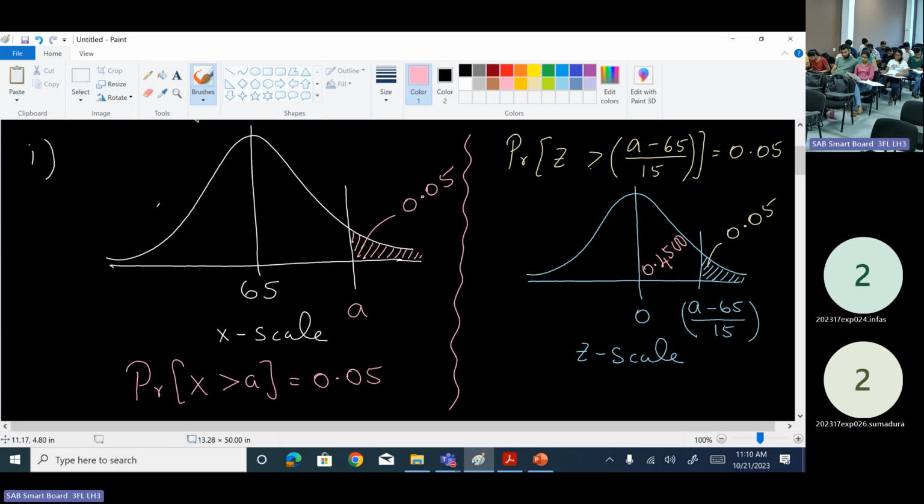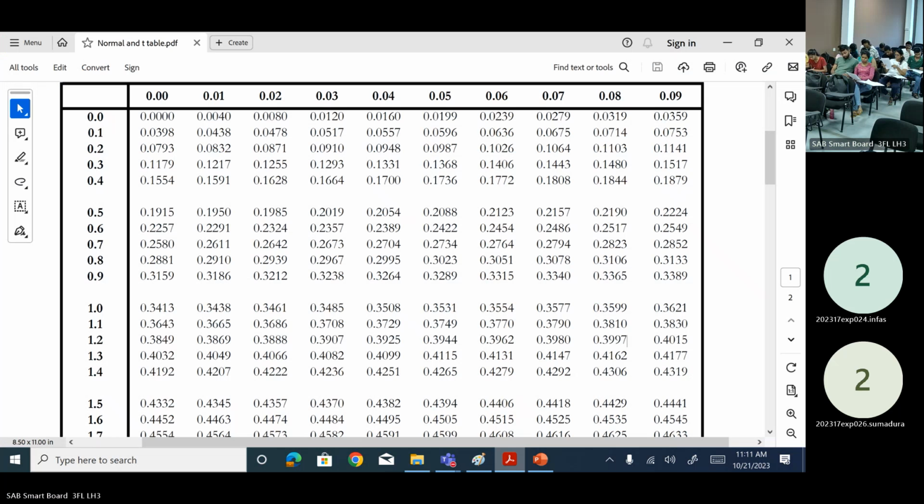Why are we finding that? Because those are the areas we have in the middle part of our table. Then we look for 4500 in the table.